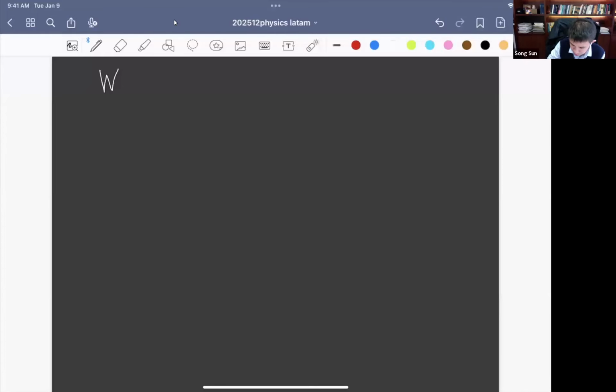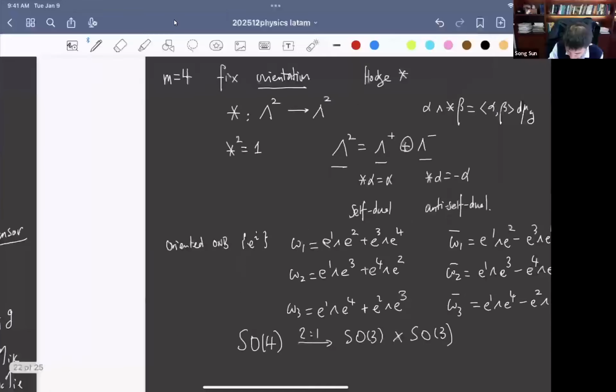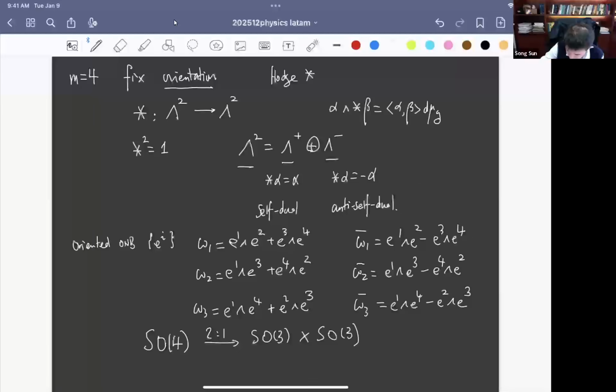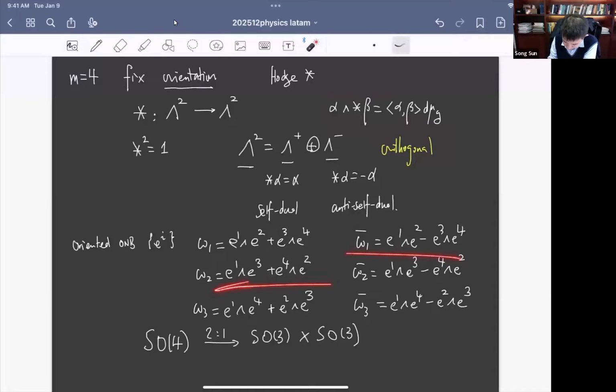So this is an orthogonal decomposition, because of this fact, or you just see it from this form.